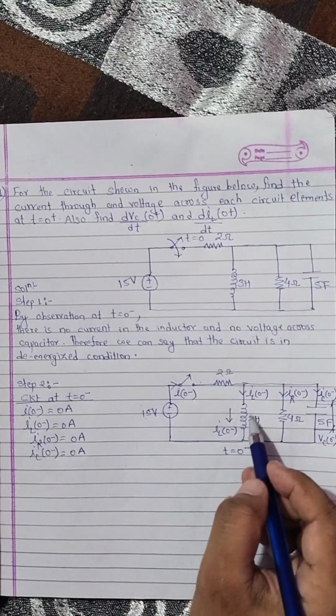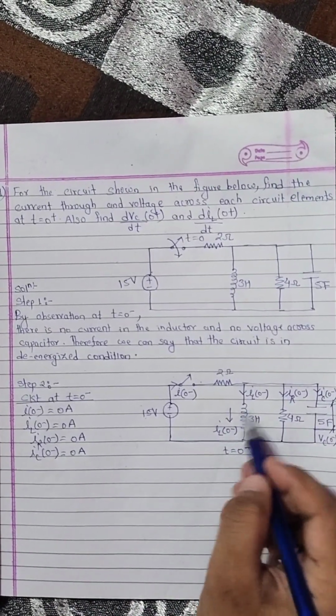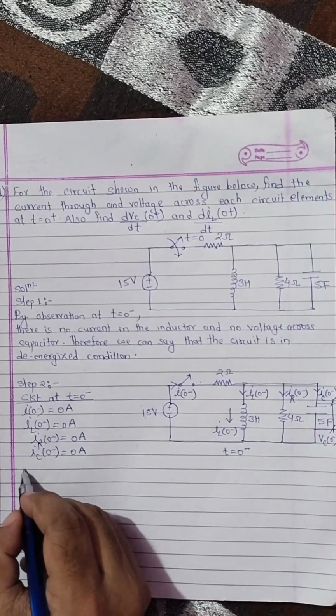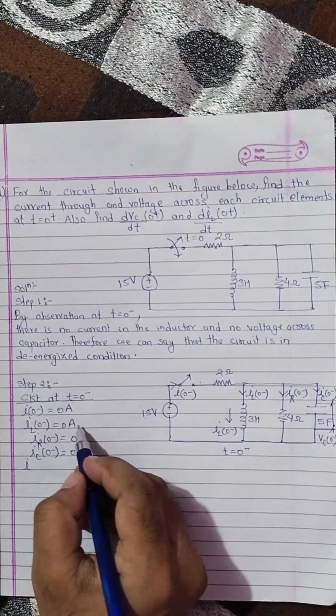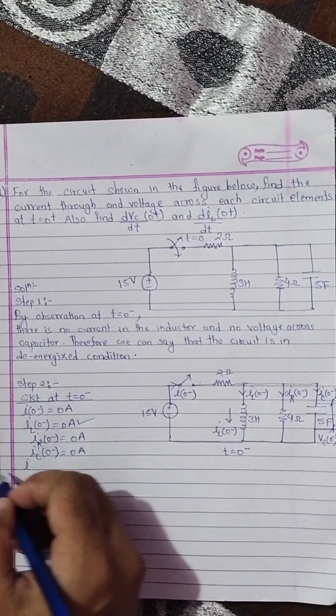Now our target is to calculate the inductor current, that is IL0 minus. So IL0 minus is 0 ampere.